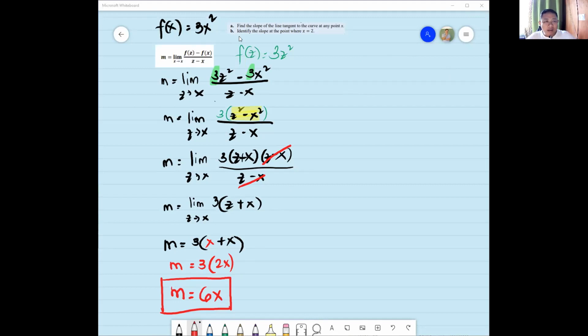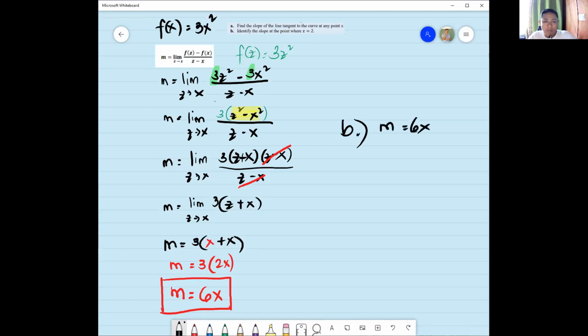In letter B, we are asked to identify the slope at the point where x is equal to 2. In this case, we are now going to find the specific value of the slope, wherein in our Cartesian plane, the x value will be 2. So just substitute for our letter B, m is equal to 6x.